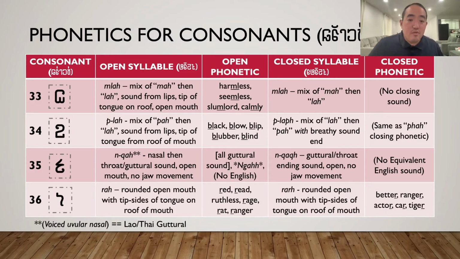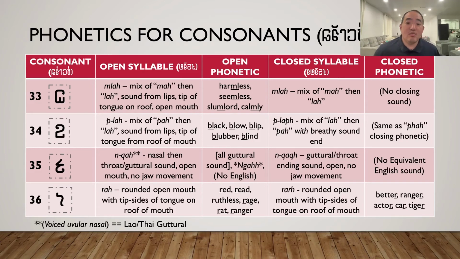So number 34, the consonant is pronounced blah, blub. Now the opening syllable is just a mixture of the ba and the la together, really fast. Ba, la, blah. The sound should come from the lips and then from the tip of the tongue on the roof of the mouth.